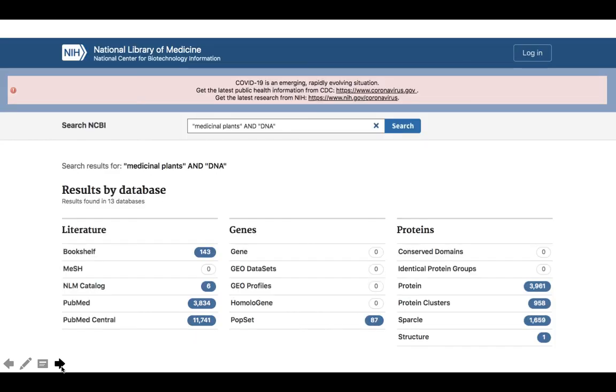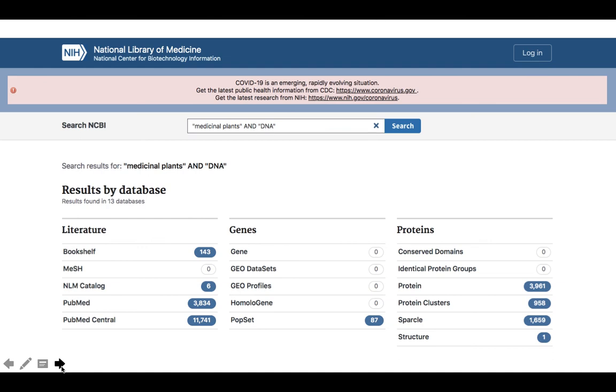On a more global scale, I tried doing some very basic literature review in terms of statistics. Attention is indeed pouring into research about medicinal plants. I used the keywords "medicinal plants," taken as one keyword, and "DNA."